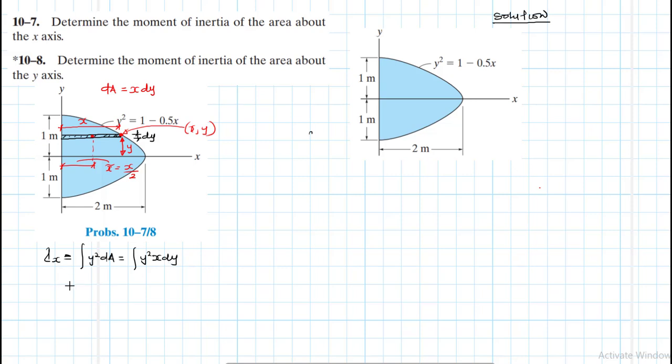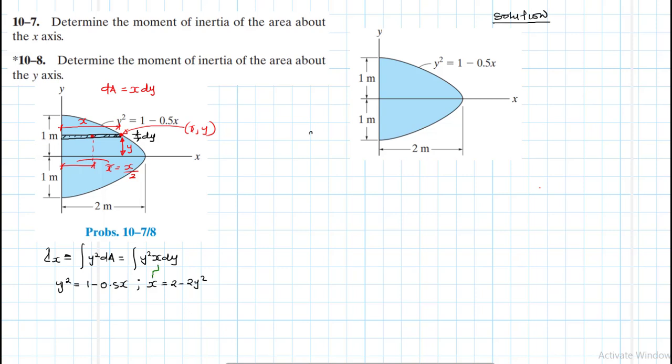The equation governing that curve is y squared equal to 1 minus 0.5x, and writing it in terms of x, this gives us x equal to 2 minus 2y squared.